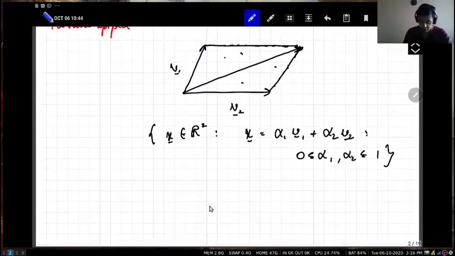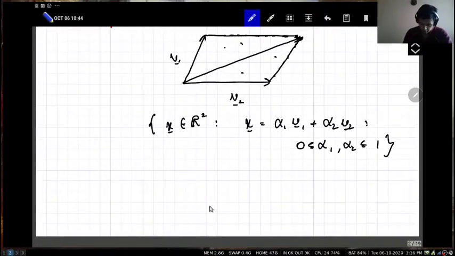And in general, a parallelepiped in n dimensions can be described by linearly independent vectors v1, v2, up to vn.